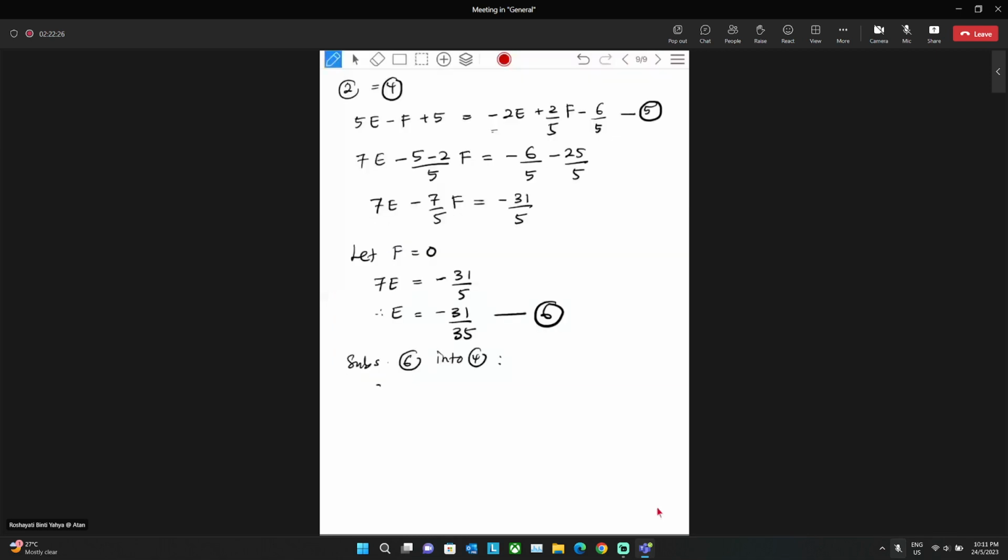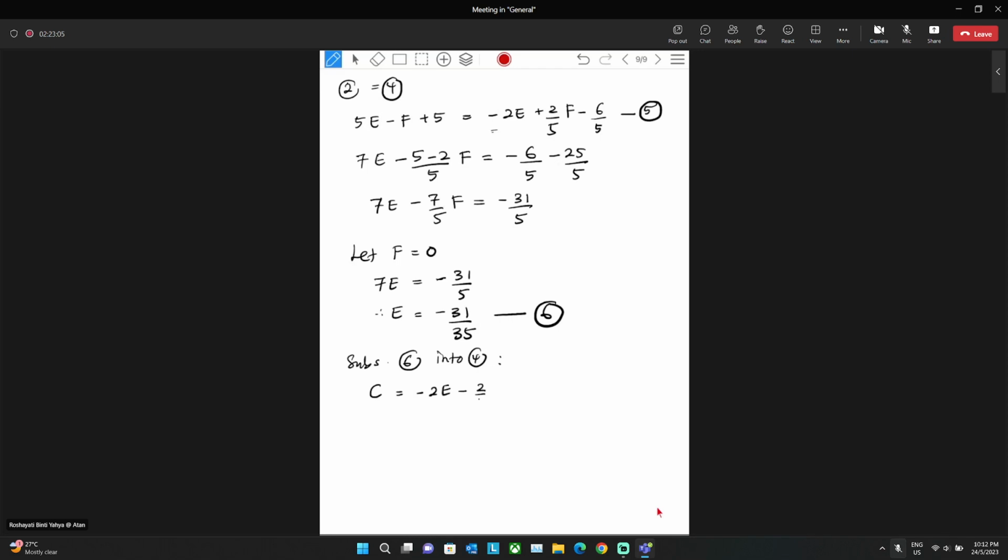So C equal to negative 2E minus, it starts with actually 2 over 5F, right? Minus 6 over 5. Since F equal to 0, this becomes 0. So negative 2E minus 6 over 5.